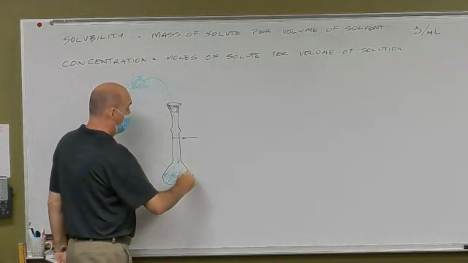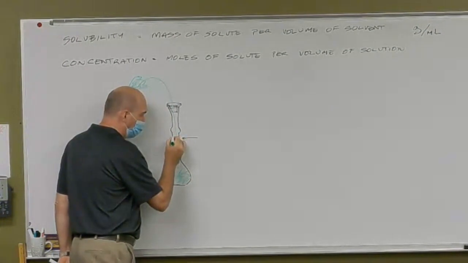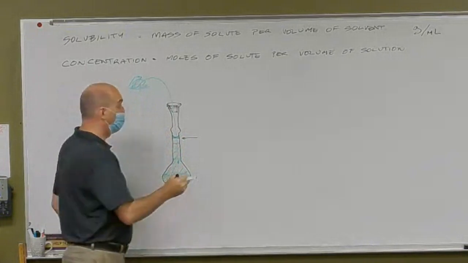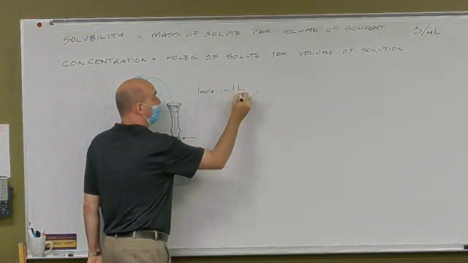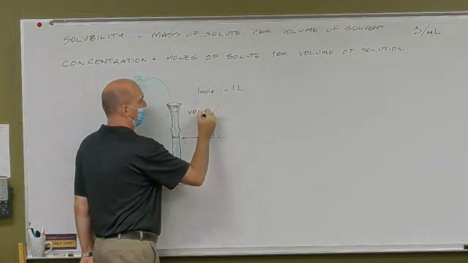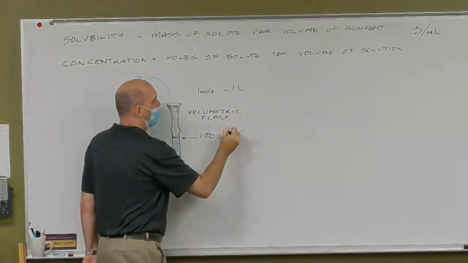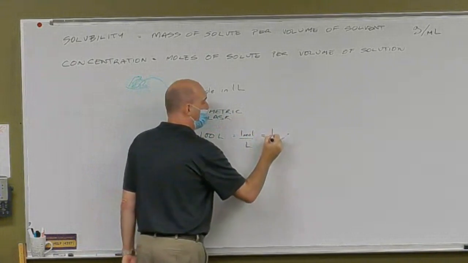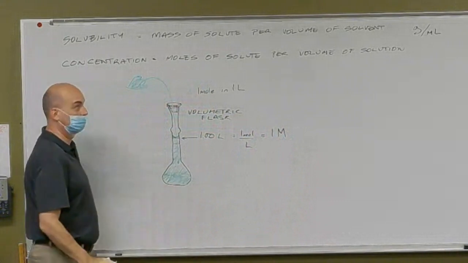And then carefully, I would add water all the way up until the meniscus of my solution touches that line. And if at that point I have 1 mole in 1 liter, let's say that this is a 1 liter volumetric flask. It's called a volumetric flask. Okay, I would have 1 mole per liter, which is equivalent to 1 capital M.